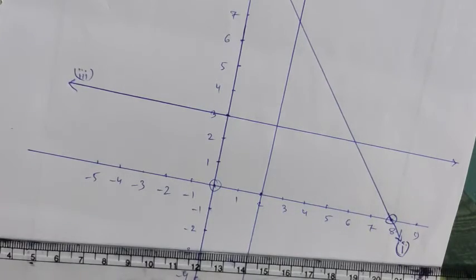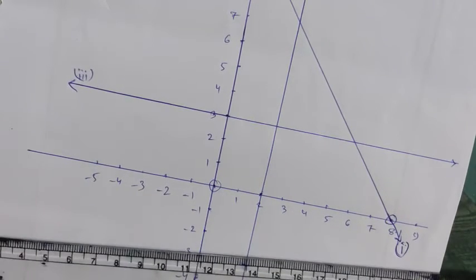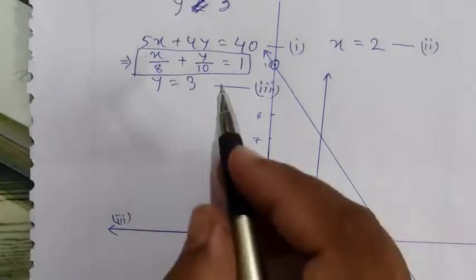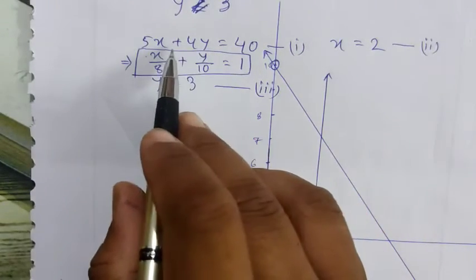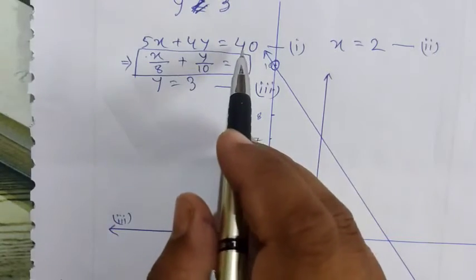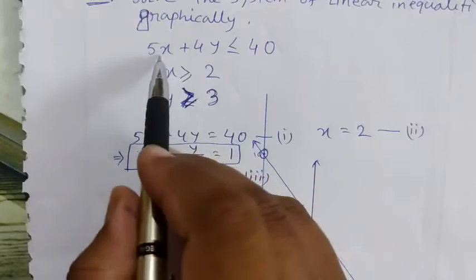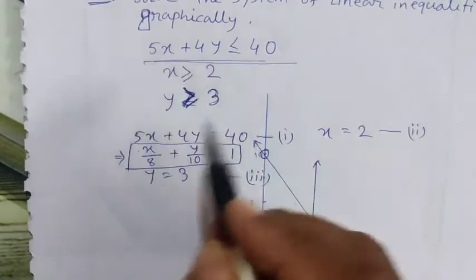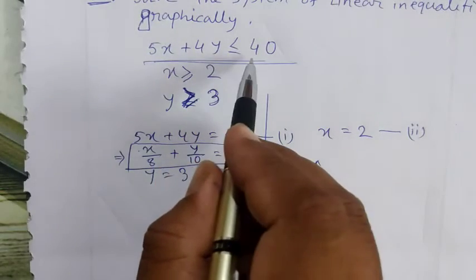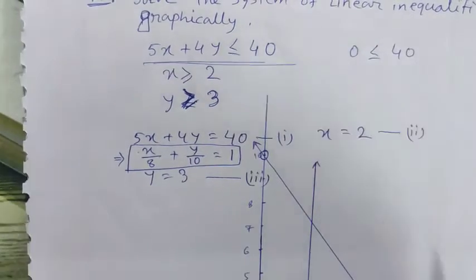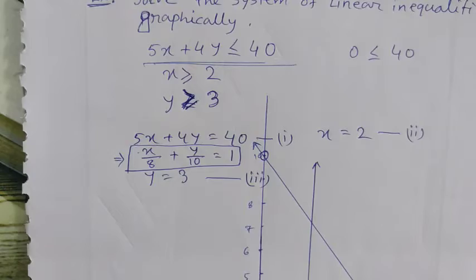Now if I put (0, 0) in the first inequation, I find that (0, 0) satisfies inequation 1, as on the left hand side I will get 0, and on the right hand side it is 40, and obviously 0 is less than 40. So (0, 0) is satisfying inequality 1.